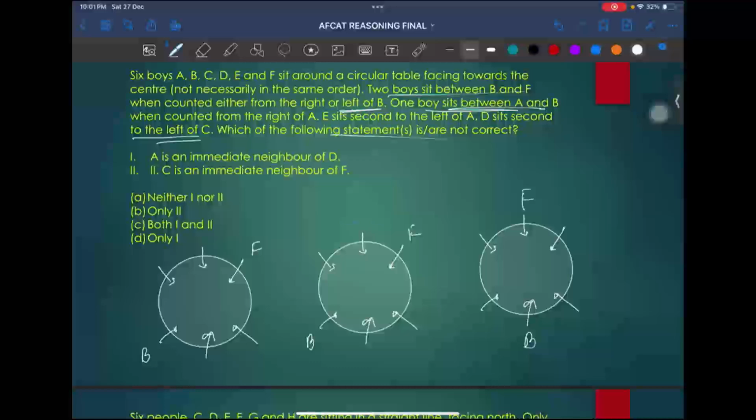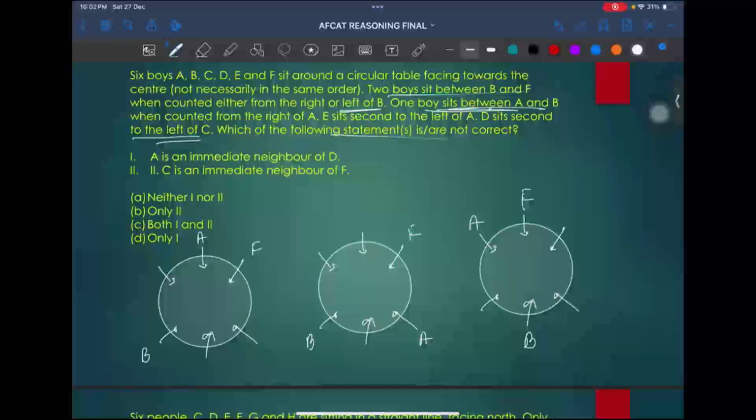From this, they are telling that only one boy is sitting between B and A. If I consider towards his left, this is A. If I consider towards the right, it will be this. You can do many more trials; I'm just settling for two trials.